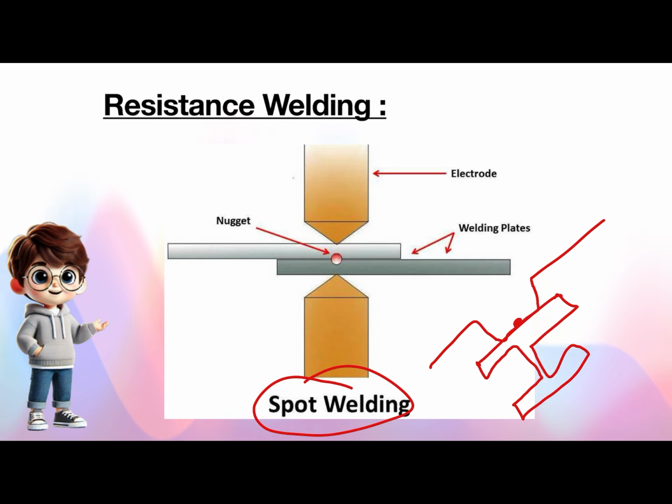In this resistance welding, you will place the electrode on the deck and it will form an electric arc, and then you will press the deck with the electrode so that this molten metal will be hardened, forming a rigid joint. So that is how resistance welding works. We also call it puddle welding.